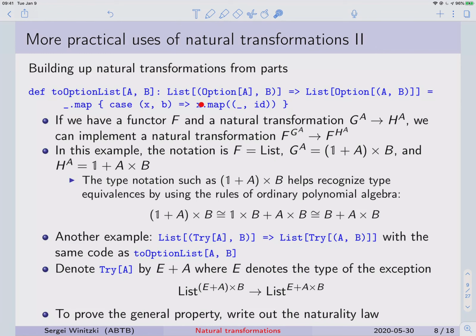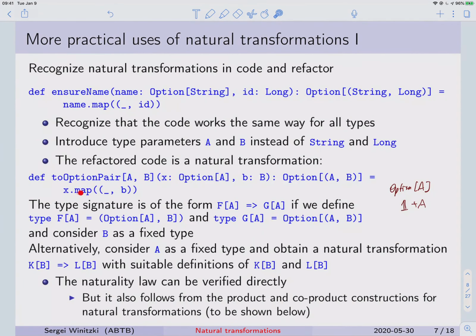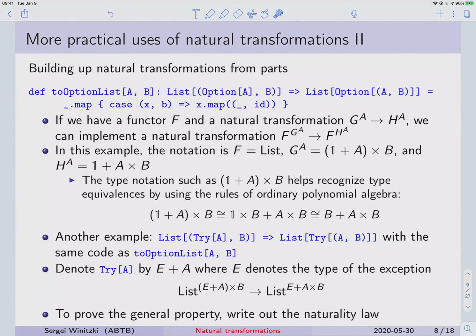So you repeat the code from the previous slide, but this must be B. You repeat the code from the previous slide, put it into a map, and you're done.